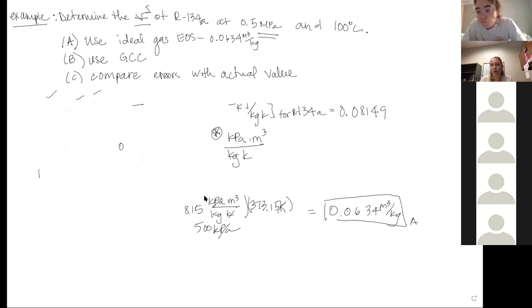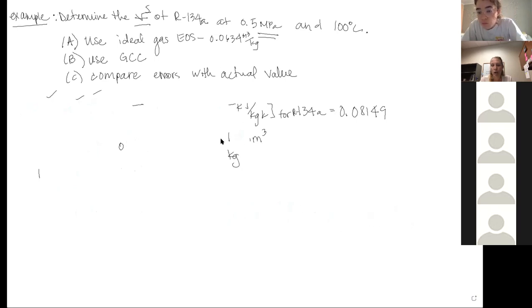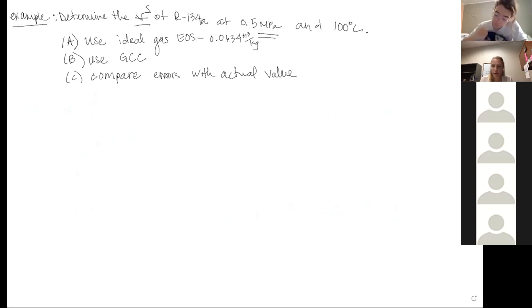So for the second part, we're going to use the generalized compressibility chart. This is where the real learning happens. So please make sure to ask any questions in the chat and let me know if anything is confusing. For part B, we want to determine the specific volume using this generalized compressibility chart.